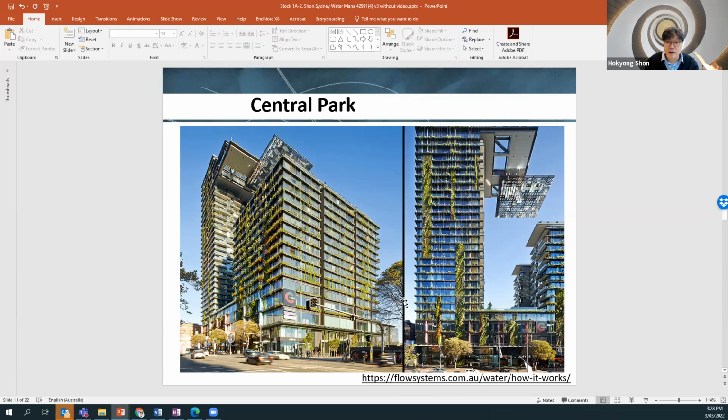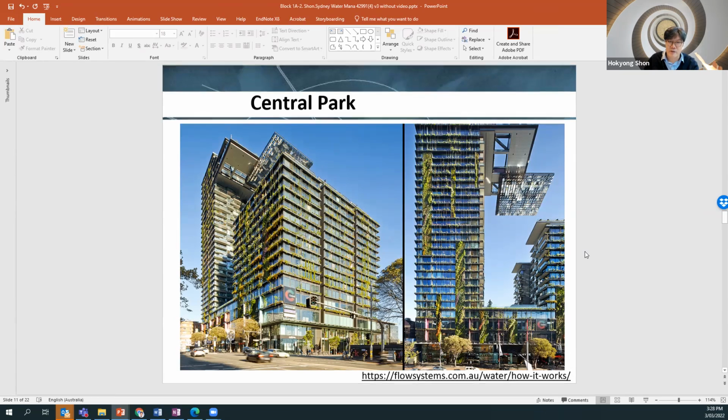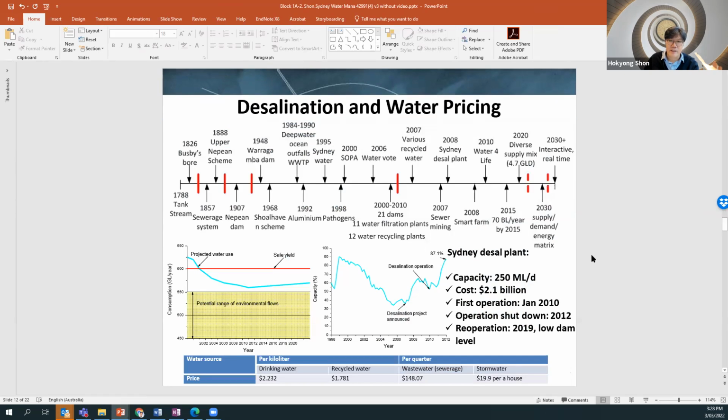You have very high heating, and you need a power generator, and that requires a cooling water system, so you have recycled water with all the salt removed, and then you can utilize the recycled water for cooling water purposes. So that's what Central Park people are using, and this is desalination. So you can see the desalination plant.